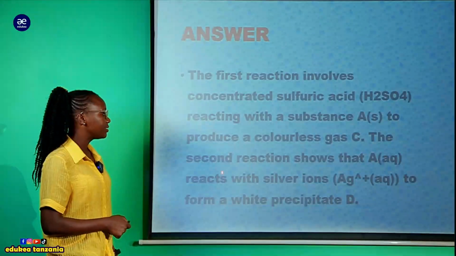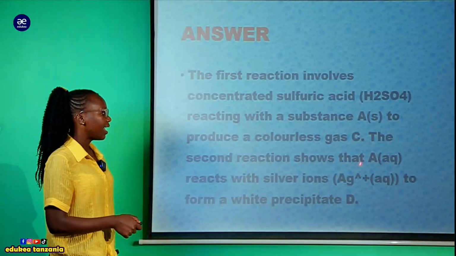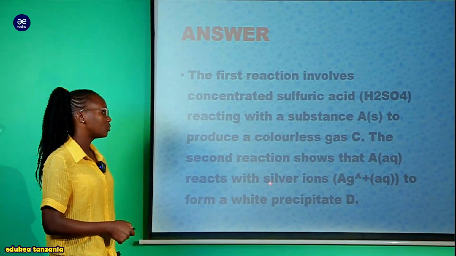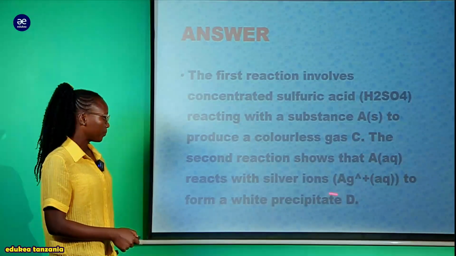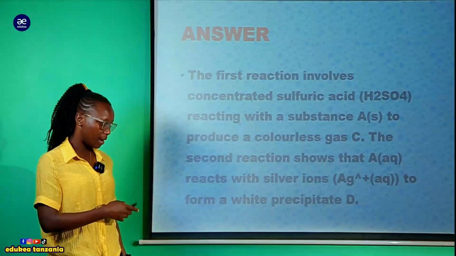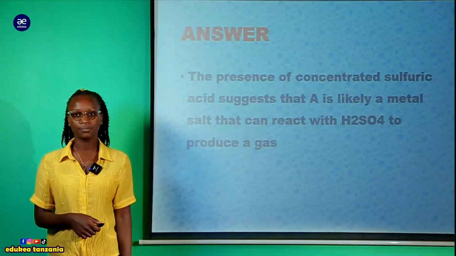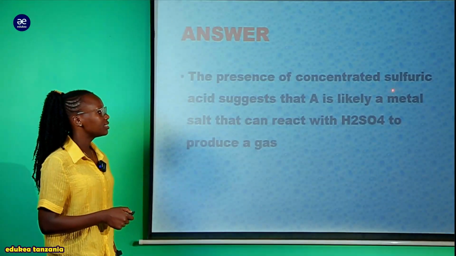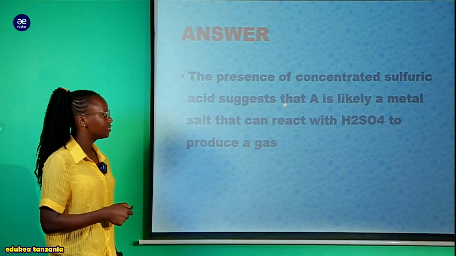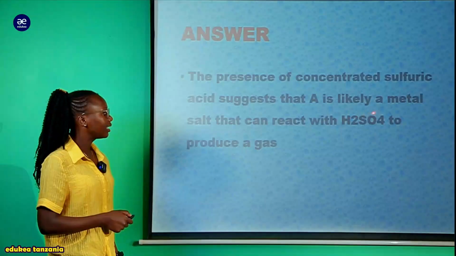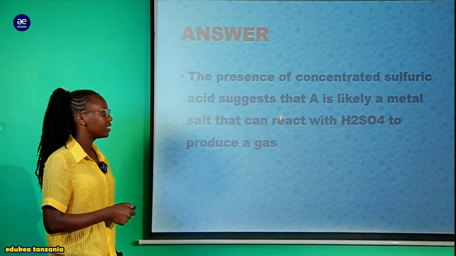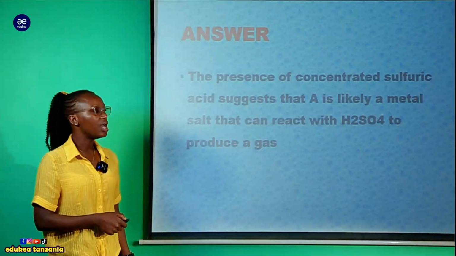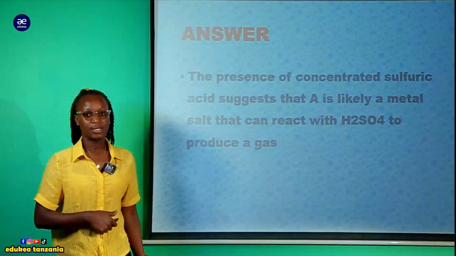So anasema the second reaction shows that A which was aqueous reacts with the silver ions, to form a white precipitate ambayo ilikuwa represented as D. So the presence of concentrated sulfuric acid suggests that A is likely a metal salt that can react with the sulfuric acid to produce a gas.